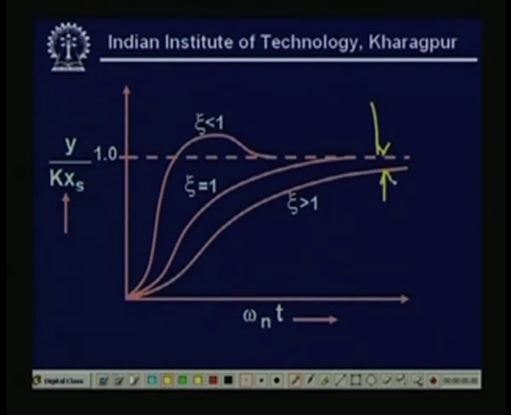Error means that some sort of error has arrived, suppose at time T1. This is important, because sometimes we cannot wait for a long time until it reaches that particular position. So, it will also tell the settling time.